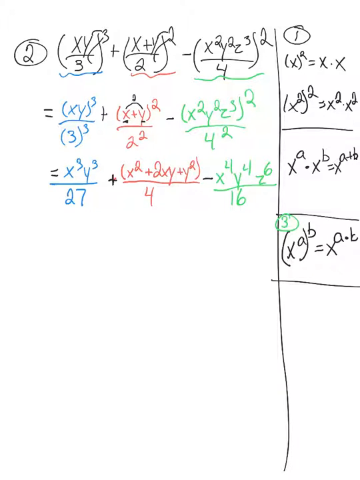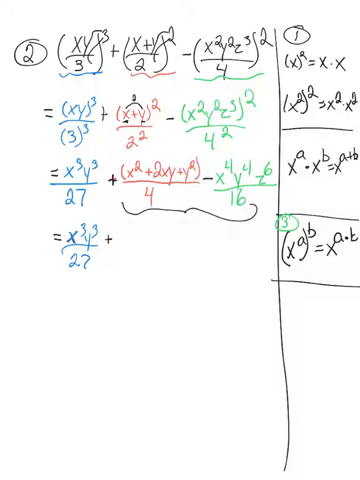Now we need to combine these fractions in order to turn them into a single fraction. So first I'm going to deal with the 4 and the 16. I'm leaving the x cubed y cubed over 27 alone.